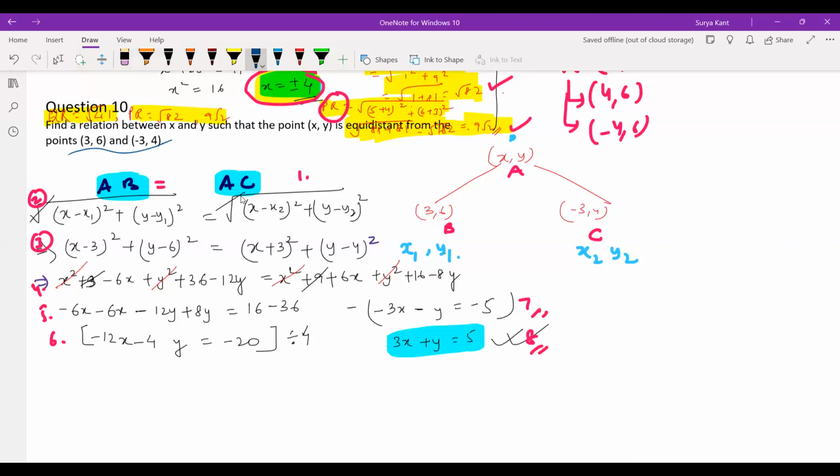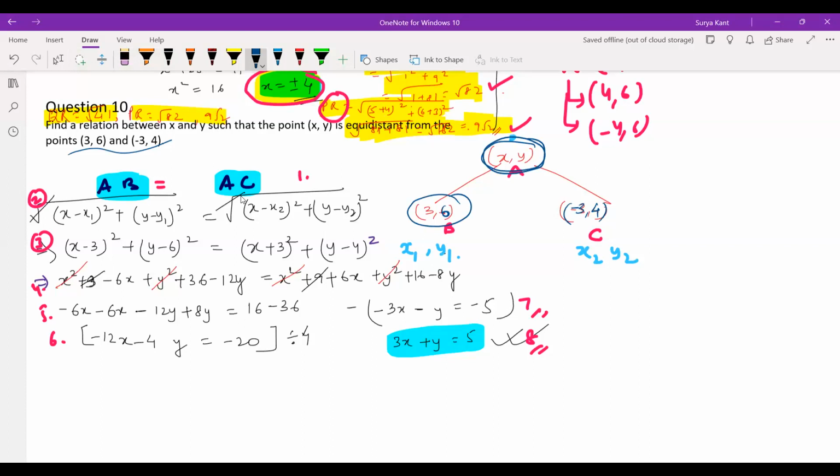In the question it is given: find a relation between x and y such that the point (x, y) is equidistant from the points (3, 6) and (-3, 4).